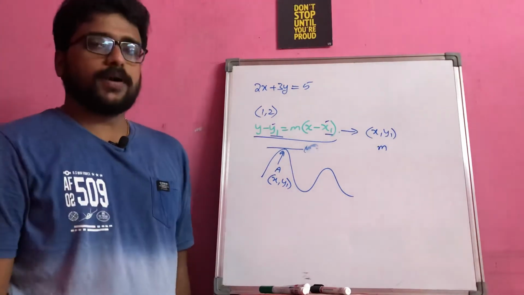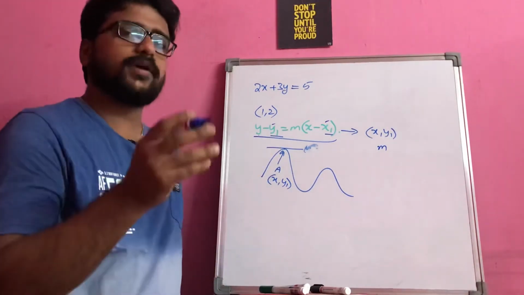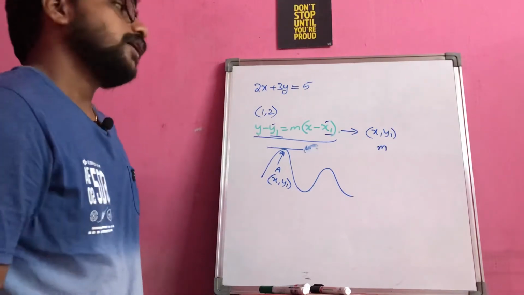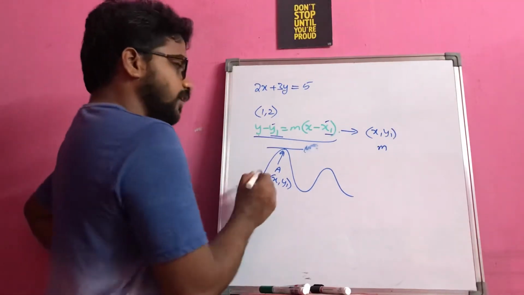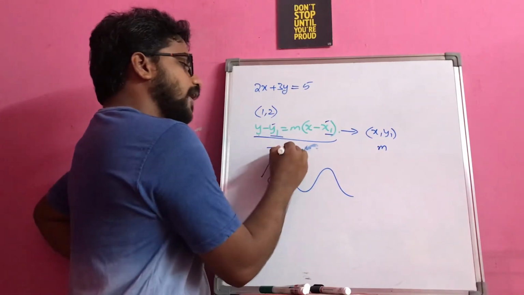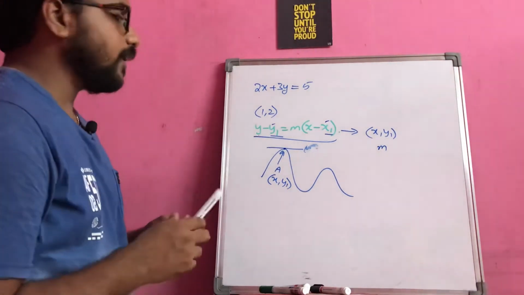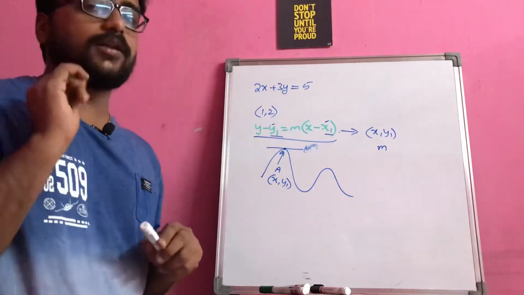Though the tangent is passing through this, we still cannot substitute y and y1 as the same point, because you will get 0 equal to 0. If you realize one small thing here, we don't know what the other points on this line are, as we know only this particular point. That's why we are finding the equation of the tangent at that particular point.